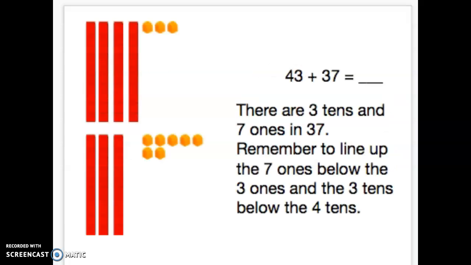There are 3 tens and 7 ones in the number 37. Remember, it is important to line up the 7 ones below the 3 ones and the 3 tens below the 4 tens. You always have to keep your ones lined up together and your tens lined up together.